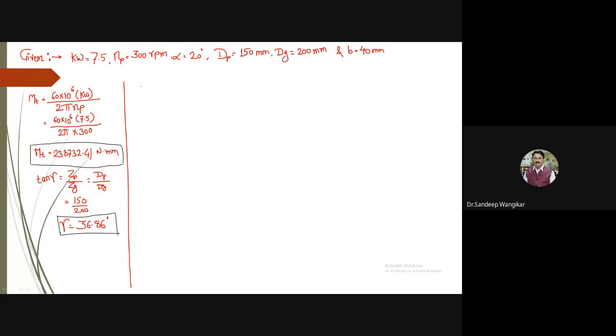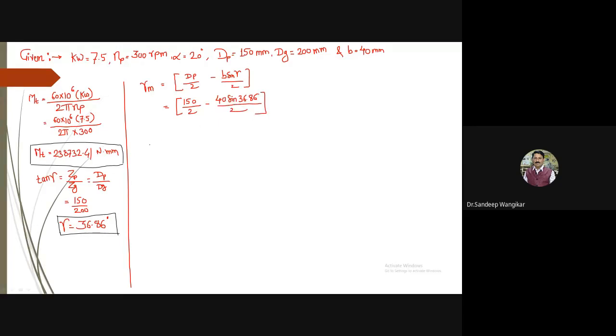Then I will calculate RM, the mean radius. It is dP by 2 minus b sine gamma divided by 2. I will substitute the values: 150 divided by 2 minus 40 into sine of 36.86 divided by 2.